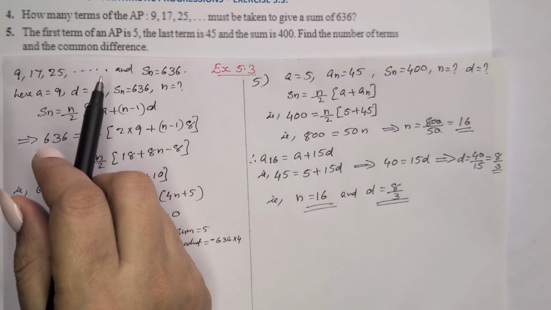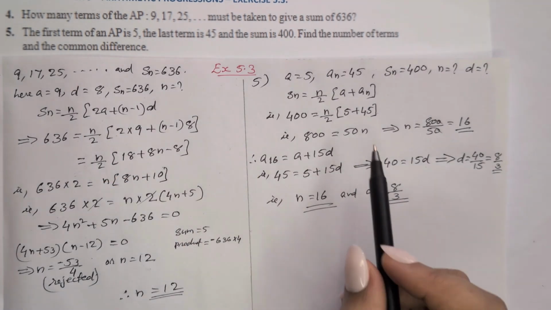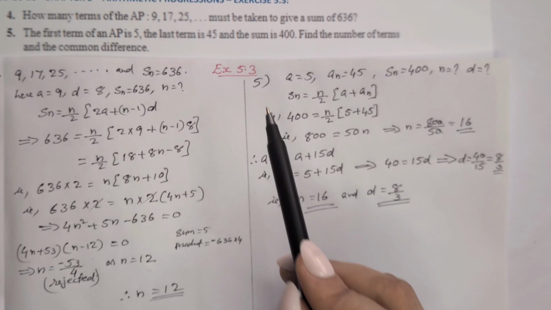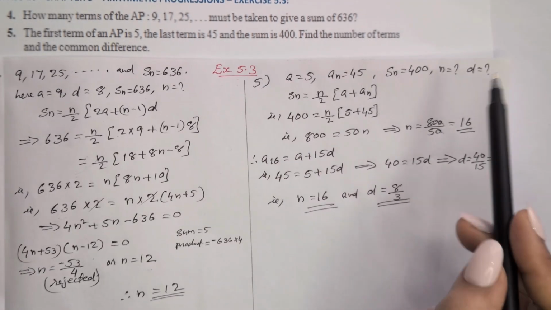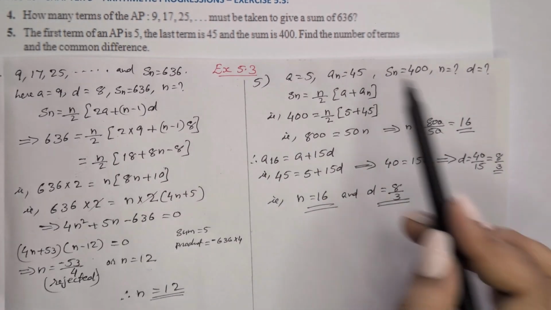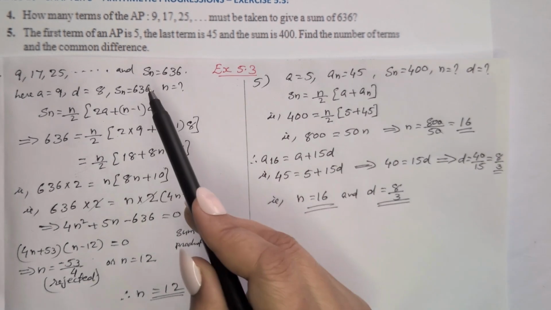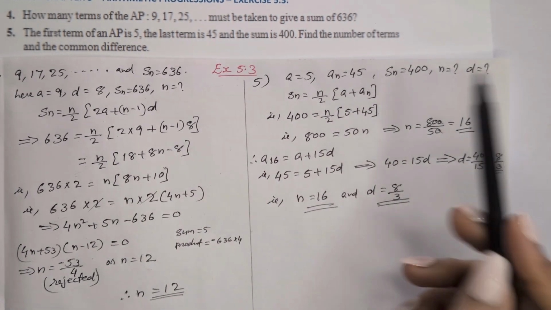Fifth question, the first term of the AP is 5. So we can write a is equal to 5 and the last term an is equal to 45. Then the sum is given, Sn is equal to 400. We have to find the number of terms, that means n, and the common difference d.